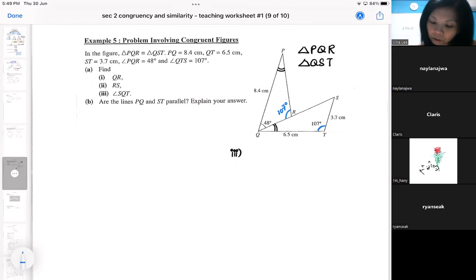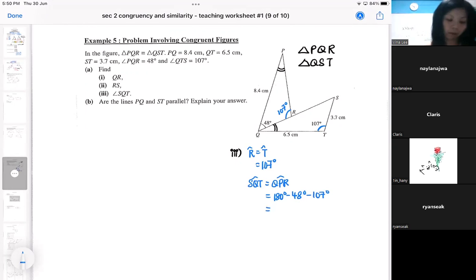Like what I did just now, I match angle R first. After I match, I will do an angle sum of triangle. Just be mindful that you will need to write the property.